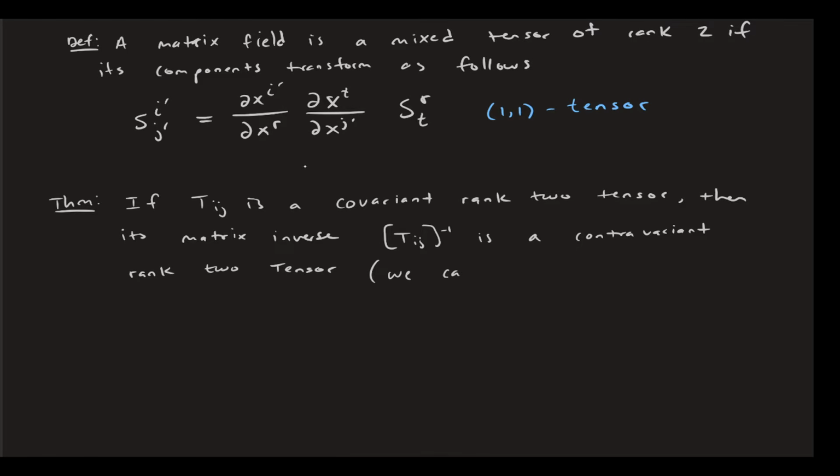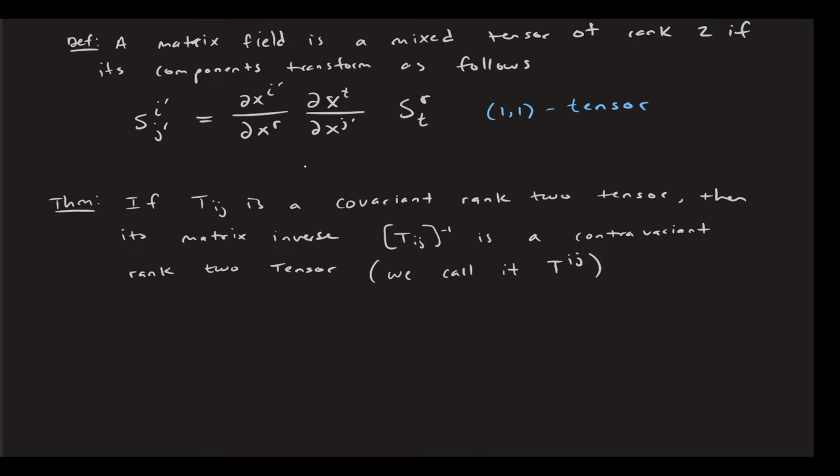We call it T^ij up. So if you ever see a tensor with 2 indices down and then the same letter, the same tensor with 2 indices up, it's really just the matrix inverse.